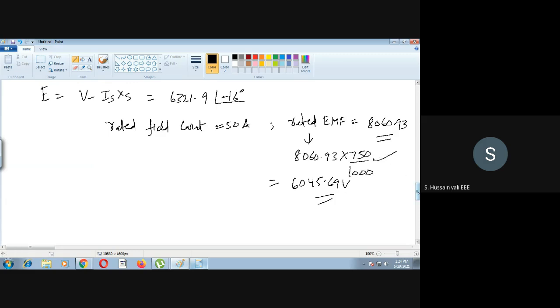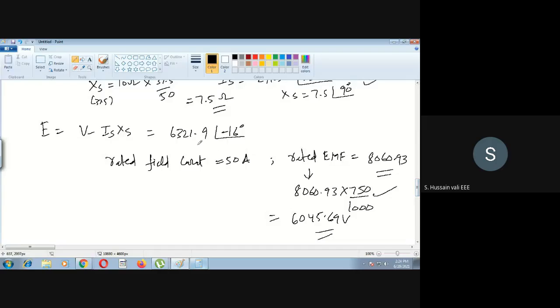Now we got an EMF value here. At this EMF, what is the field current? At this EMF, the field current is 50 ampere. Now, what is the field current at the other EMF? Because we have to find that, here is the question actually.